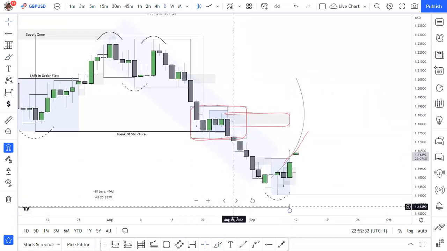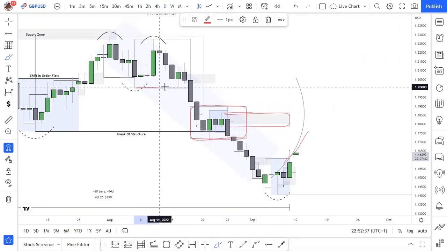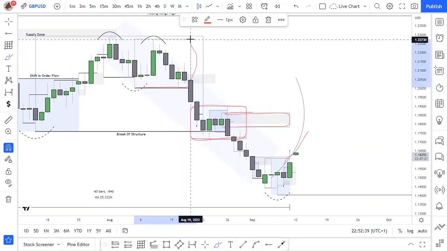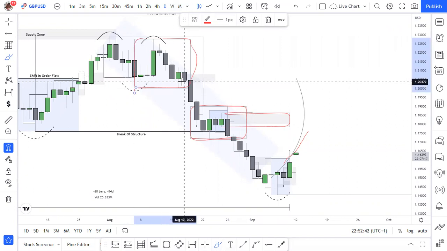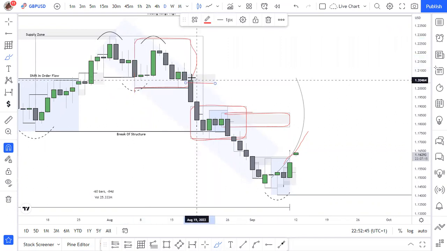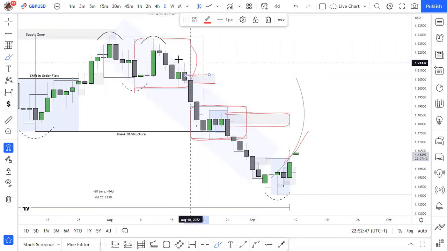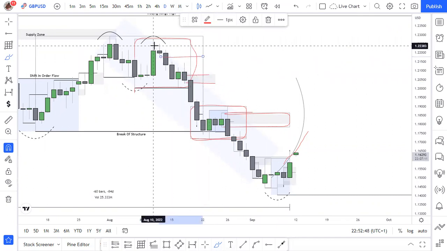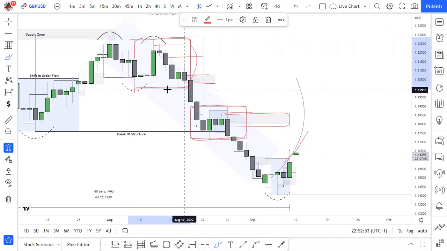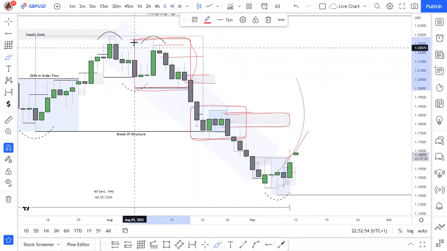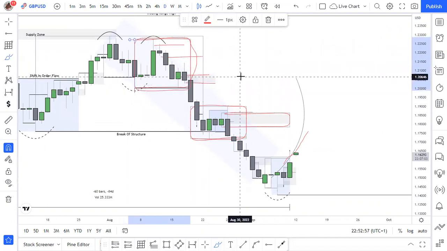Another zone we want to pay attention to is this whole range here. We have this refined one somewhere here, and we can have multiple zones within the zone, but it's important to have this as the entire range. Then we can just study the reactions that we get.